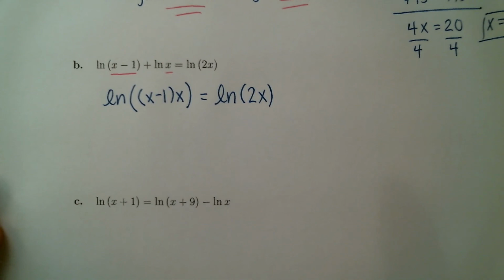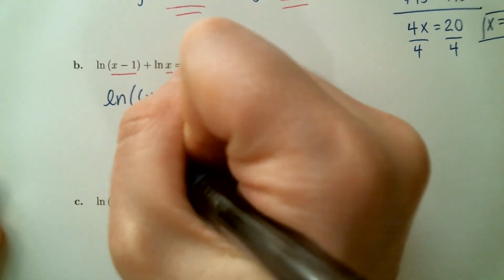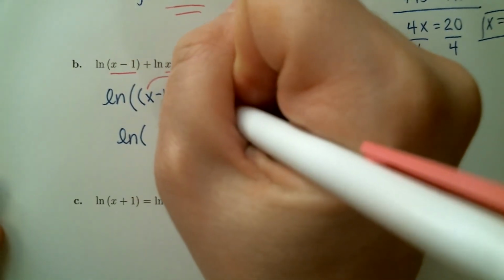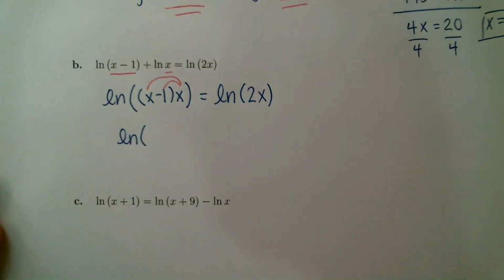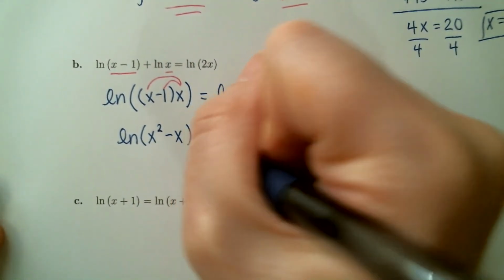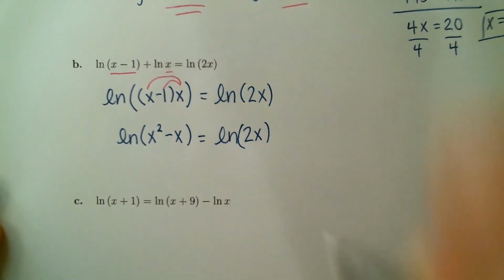So let's go ahead and distribute inside the parentheses. You're going to get the natural log of, if you distribute the x, x squared minus x, equal to natural log of 2x. At this step, you've got a natural log equal to a natural log.